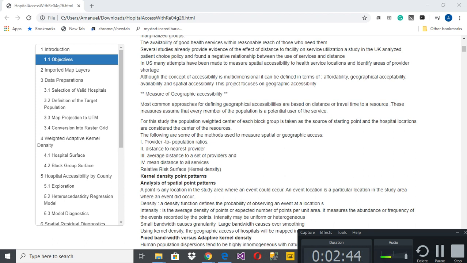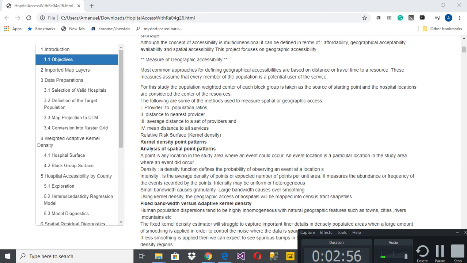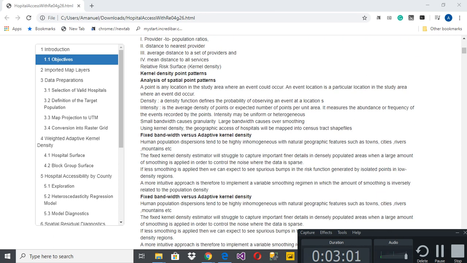Some of the measures of geographical accessibility are provider to population ratios, distance to nearest provider, average distance to a set of providers, and relative risk surface or kernel density.